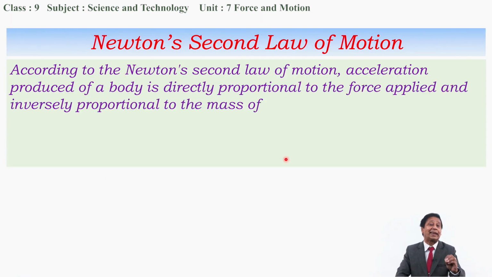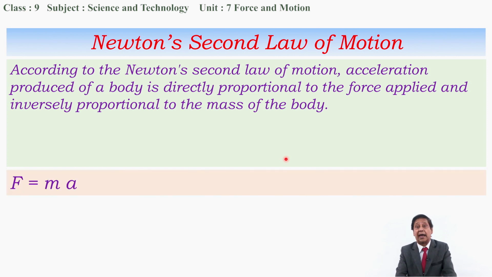According to Newton's second law of motion, acceleration produced on a body is directly proportional to the force applied and inversely proportional to the mass of the body. With the help of this law, we proved F equal to ma. F equal to ma. The equation is obtained by Newton's second law of motion.